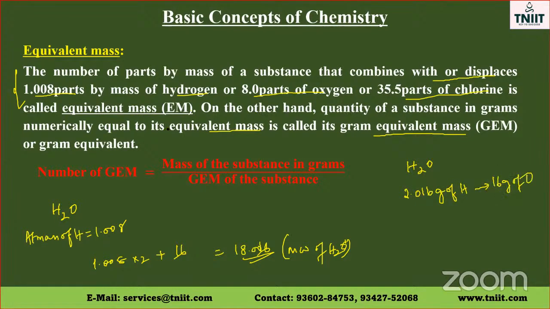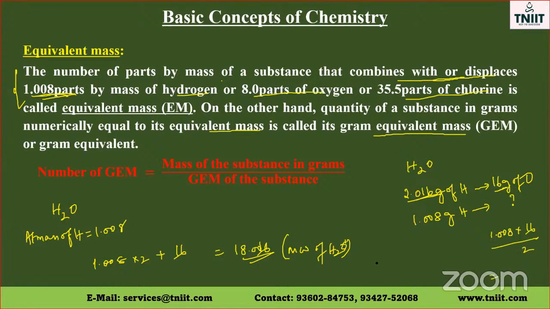The statement here clearly says the number of parts by mass of a substance that combines with or displaces 1.008. Here, 16 grams of oxygen combines with 2 grams of hydrogen. So 1.008 gram of hydrogen will combine with how many grams of oxygen? It is 1.008 into 16 divided by 2, which will be 8.